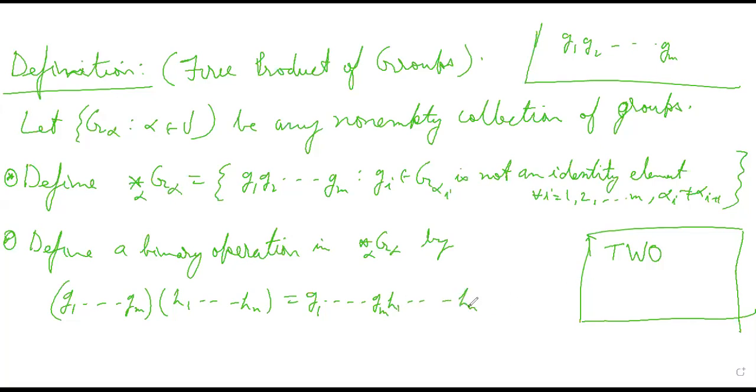It is something like if you take two words like this, 2 and then 3, then how will you multiply these two according to this rule? You will just put 2 and then 3. So this is the multiplication of this and this.